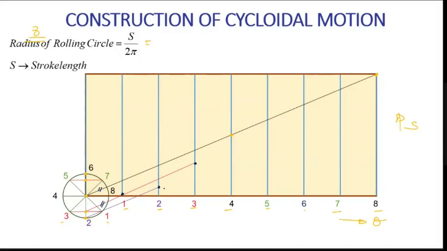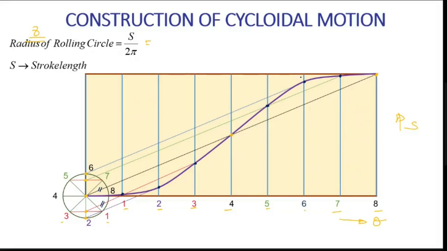From that, I am drawing another parallel line. I am getting 2. Similarly, 5 and 7, I am drawing another parallel line. So you can get the 5th point and 7th point. Last, 6, I am drawing another parallel line. You will get your 6th point. So join these points, you will get that curve. Right? This is cycloidal motion.